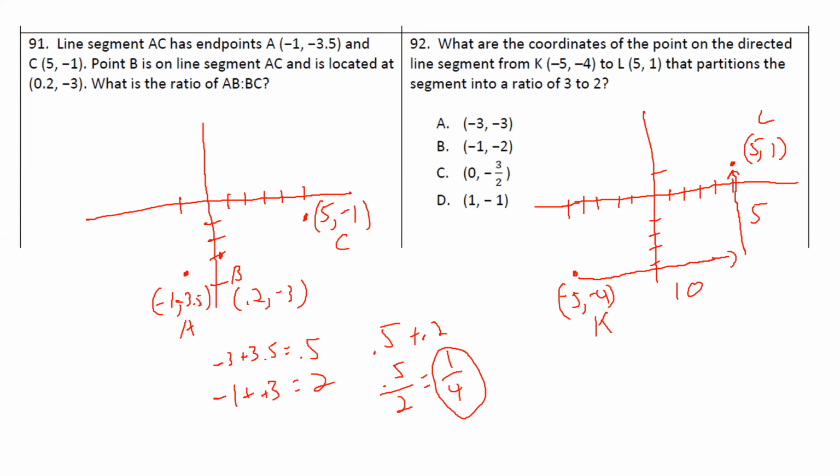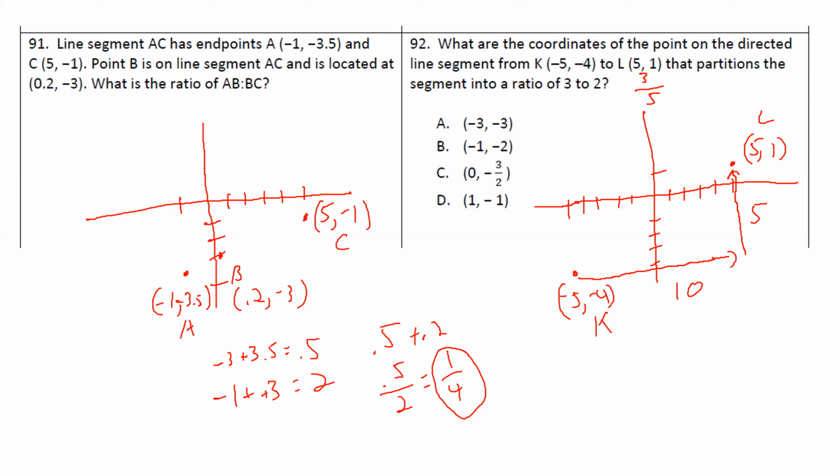All right, so 3 to 2, that's a total of 5 parts, right? So we need to go 3 out of 5 parts to the next point. Going along the one that's 5, we are going to go 3 units up instead of 5 units up. 1, 2, 3.